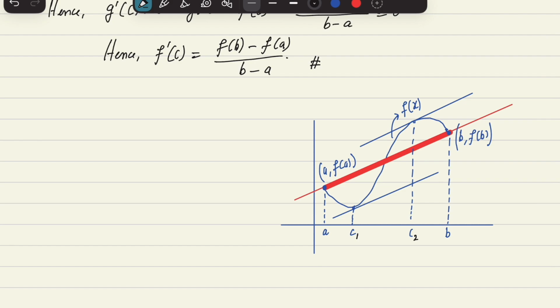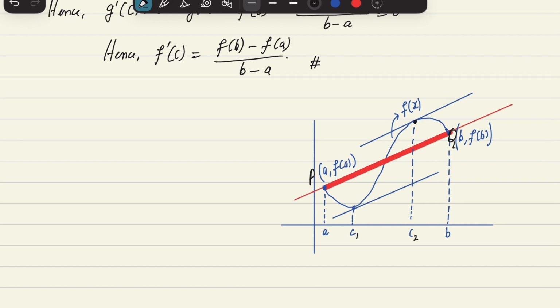Let's call these two points P and Q. So we have a secant, or a straight line, passing through the two points P and Q. This bold red line is the line segment joining the points A, f of A and B, f of B. So we can call this bold red line the secant joining the two points P and Q. If we look at this graph, we can easily see that the tangent to the curve at C1 is parallel to the secant joining P and Q, and the tangent to the curve at the point C2 is also parallel to the secant joining P and Q.